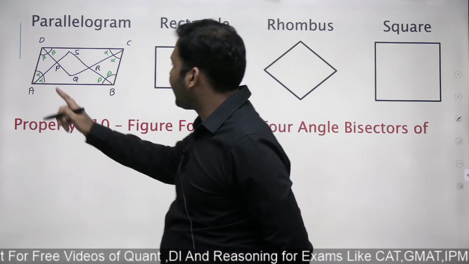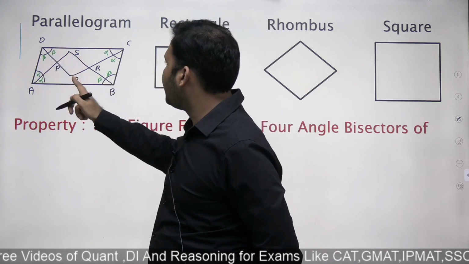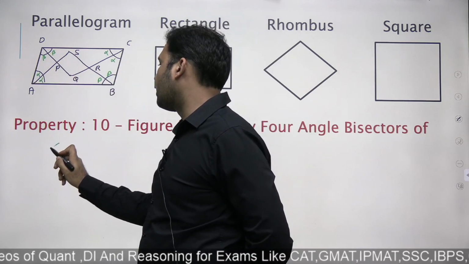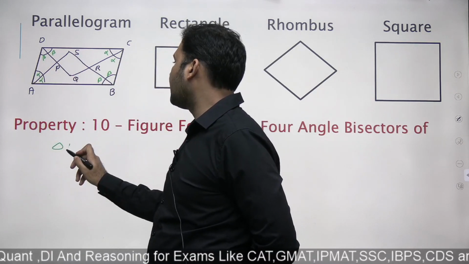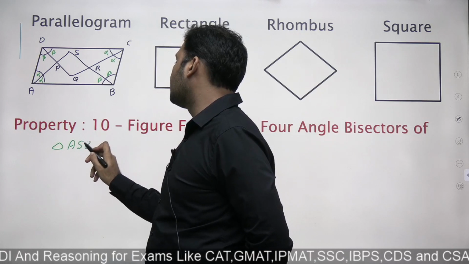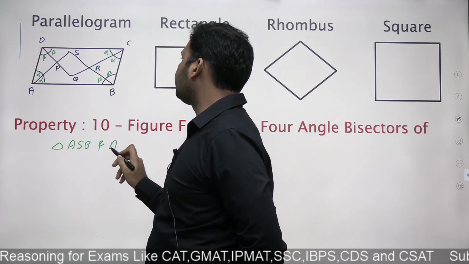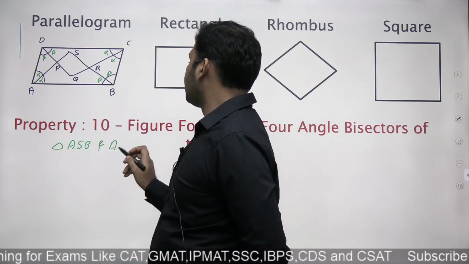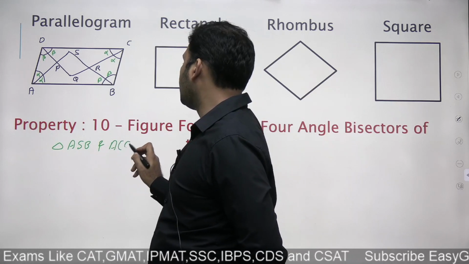Now you see that, look at the triangle ASB and the triangle CQD. I want all of you to look at the triangle ASB and the triangle CQD.